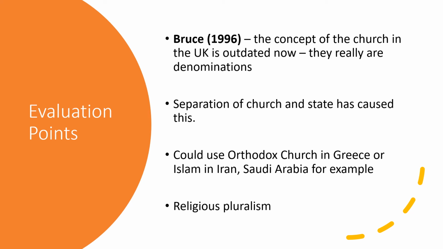So it's an evaluation point to raise: does the church still exist in the UK at the moment, or are they just all denominations because membership has dwindled, the relationship between the church and the state has dwindled, and therefore the church as this all-encompassing guidance on social life doesn't really exist anymore.